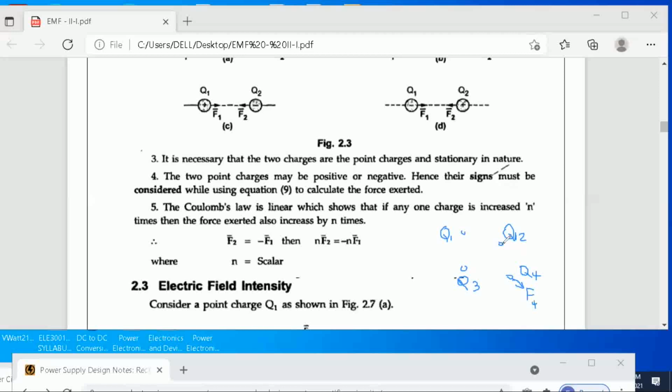In other words, it would be a summation of the force exerted by all the other charges, which give you the total force on Q4.